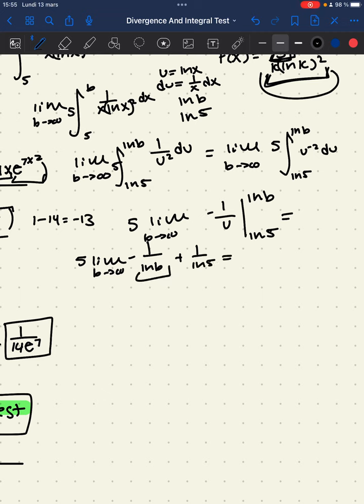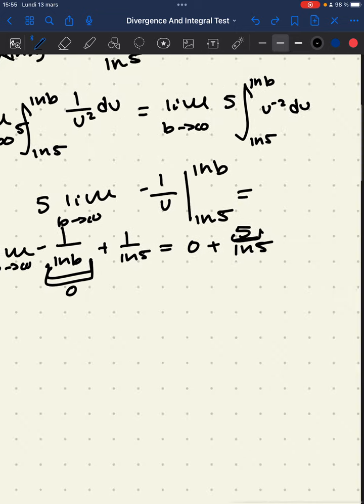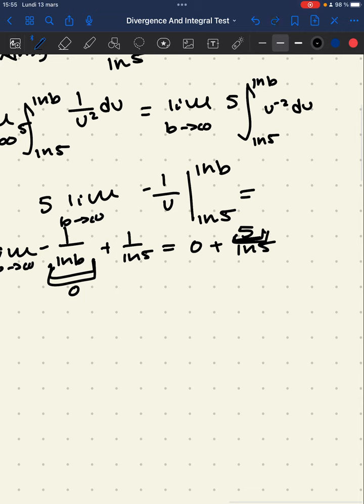Now ln b, the denominator becomes infinity and the numerator stays constant, therefore this whole thing right here will become 0. So this is 0 plus 5 over ln 5. The reason we have a 5 right here is because we had the 5 up front, and we can't forget about it, so that's why we multiplied this part right here by 5.